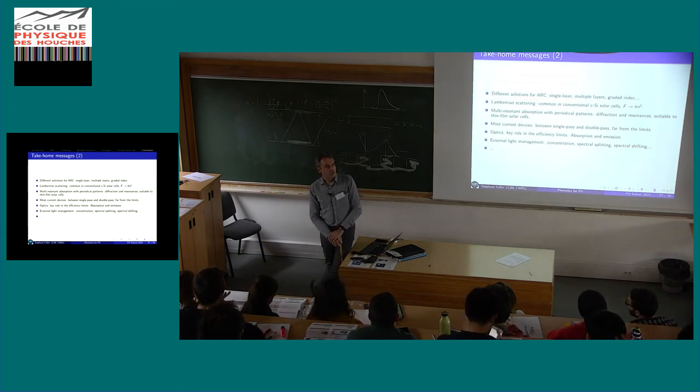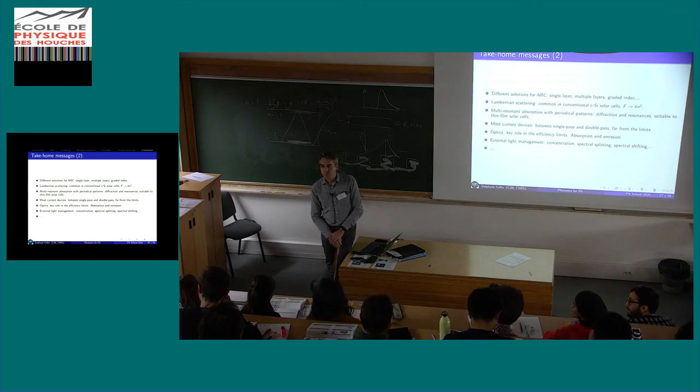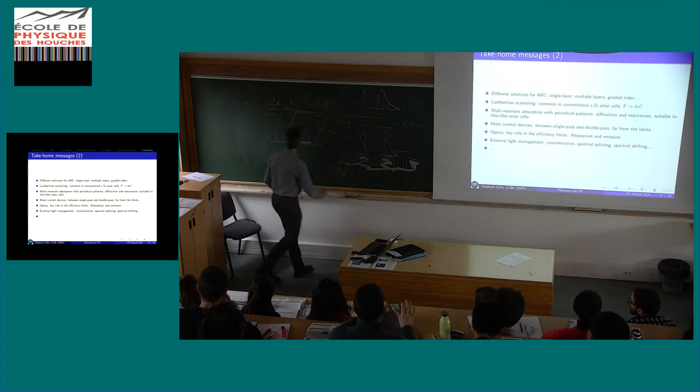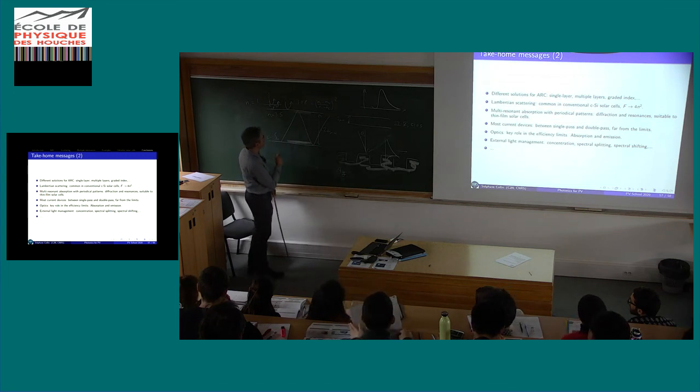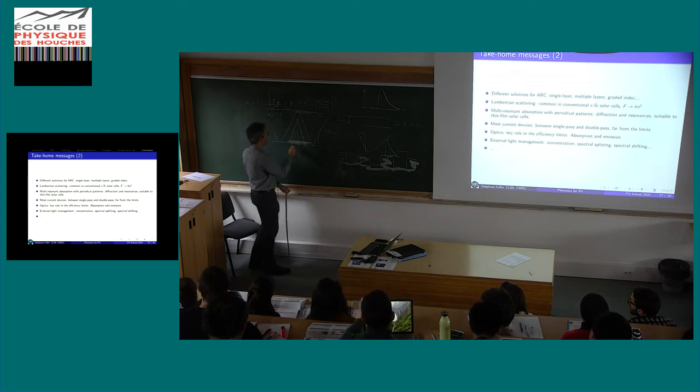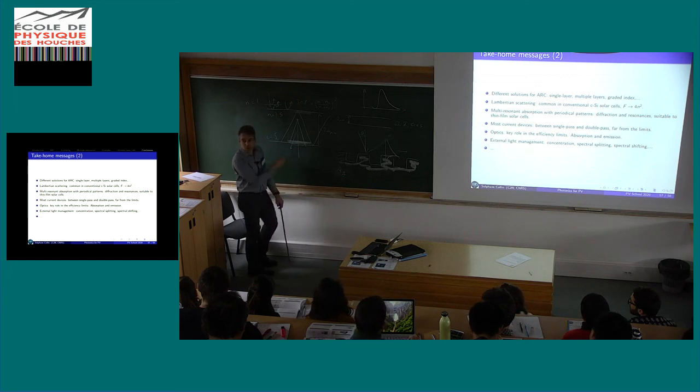But we may take just a few short questions. Yes? So you're saying that it's better to have a reflective back surface. What about albedo? Good question. The issue that you have is that we have seen that there is an escape cone. So light in the cell will escape only if it travels at an angle in the escape cone. It's the same, as I said, you have a reciprocity principle.